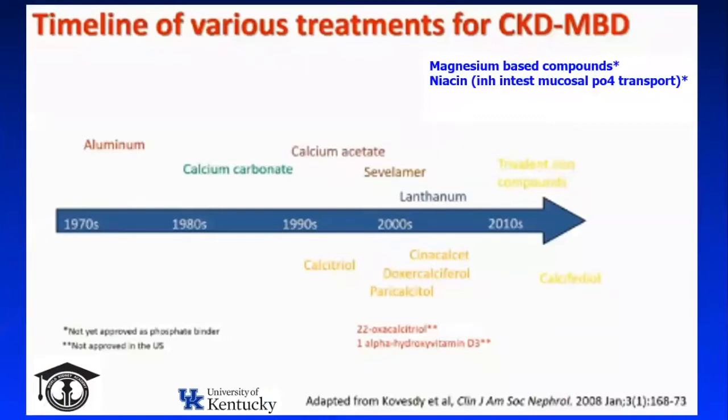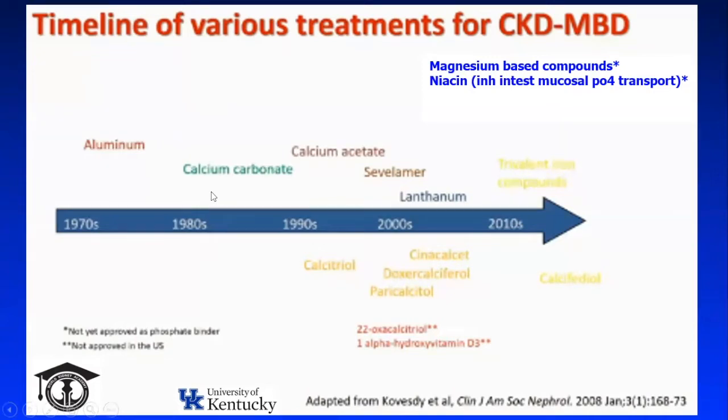So in the past, the first intervention started in the 1970s with early recognition of hyperphosphatemia, the first but late sign of CKD-MBD. We usually tried to control this disease by giving aluminum-containing phosphate binders. This is more than 50 years ago. But of course, this aluminum wasn't free of side effects, and we'll talk about it a little bit.